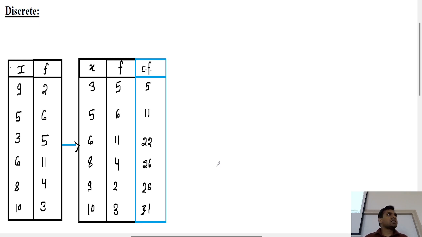So before studying this formula, we will see one more thing. For the first X equal to 3, the frequency is 5. Clear? This means for this class, we have first term, second term, third term, fourth term, fifth term. So this data is up to the fifth term. Now we are adding this 6. 5 plus 6 means for this 6 we will start this category from 6th to 11th.